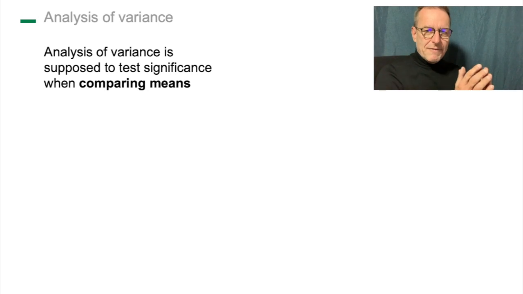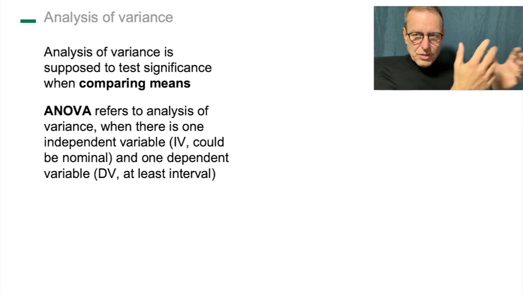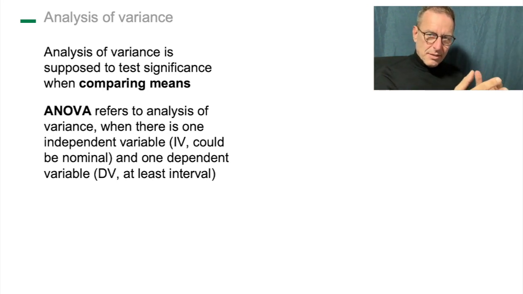You have an independent variable, right? And that could be even nominal, right? You compare different groups where the independent variable is really nominal. You compare engineering students with social science students. It's nominal scale, right?